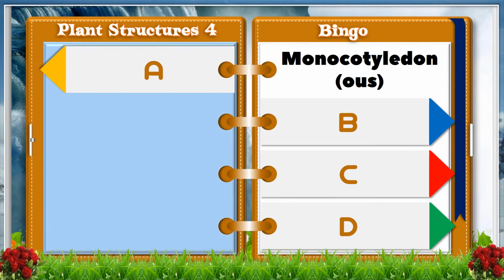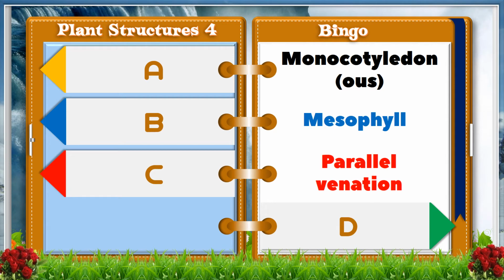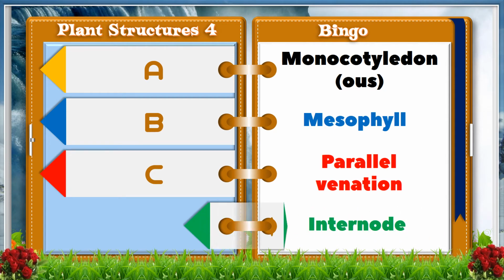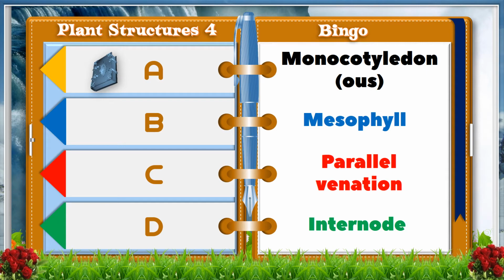A. Monocotyledons. B. Mesophyll. C. Parallel venation. D. Internode. And the answer is A. Monocotyledon.